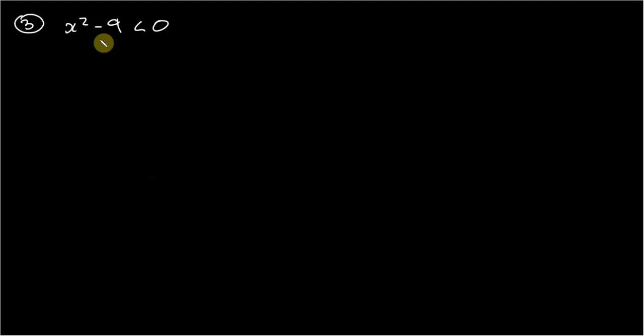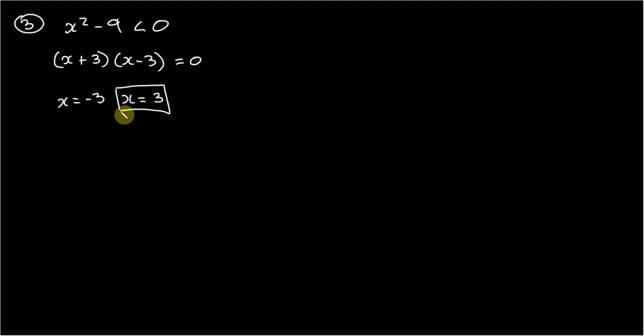The main thing to understand is that we can just simplify this to x plus 3, x minus 3, and of course that's all just set to equal 0, and so x equals negative 3, x equals 3. It's fairly straightforward, and so we already have our two values for x.